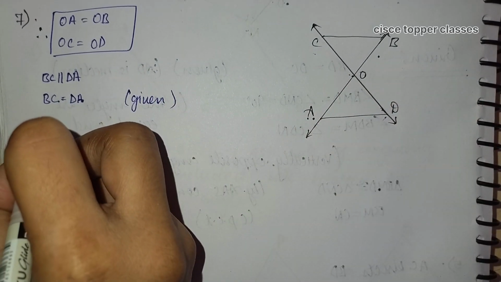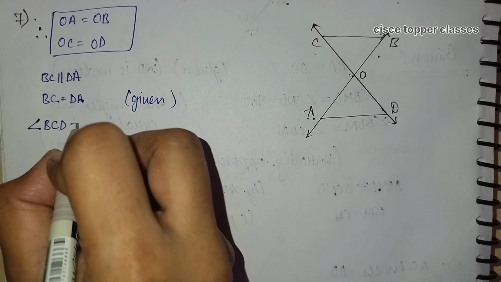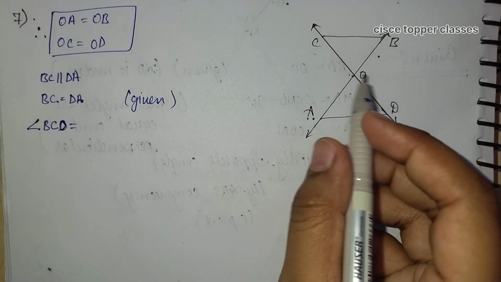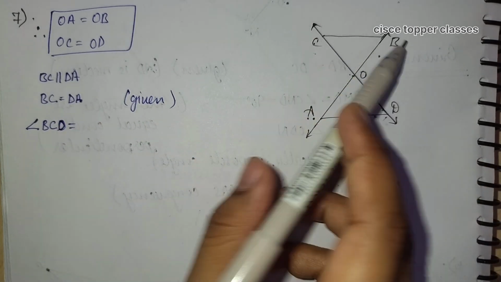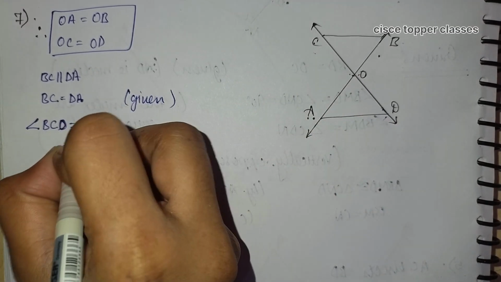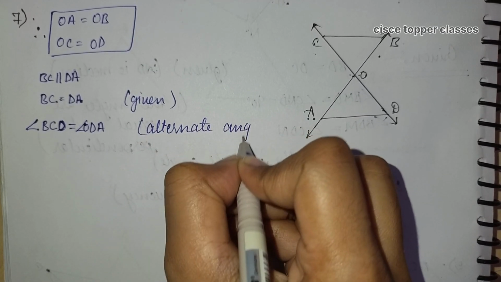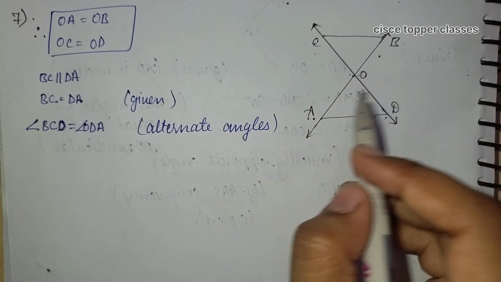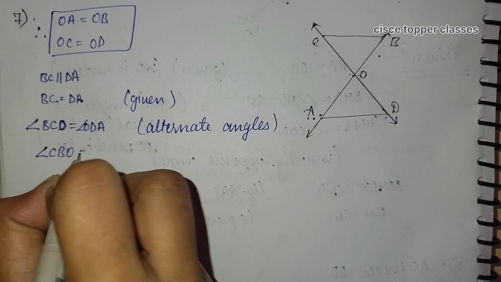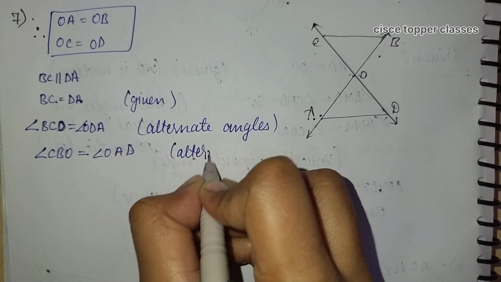We can write angle BCO is equal to angle ODA. So these are alternate angles. Again we have here angle CBO is equal to angle OAD. This is also alternate angles only.